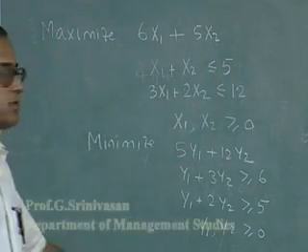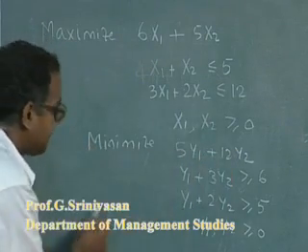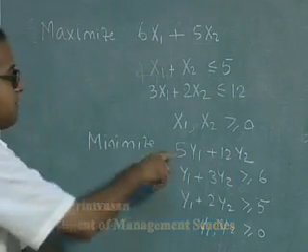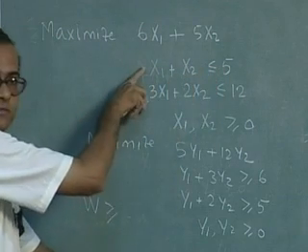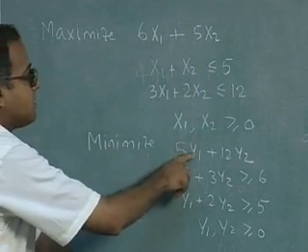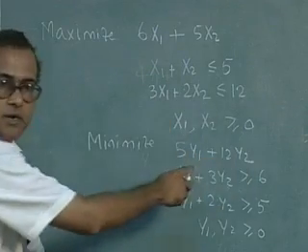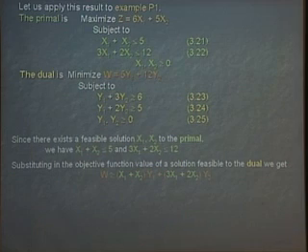So this solution that is feasible to the dual, which is equal to 5y1 plus 12y2, will be greater than or equal to, because 5 is greater than or equal to x1 plus x2, (x1 plus x2) into y1 plus (3x1 plus 2x2) into y2. That is shown here.